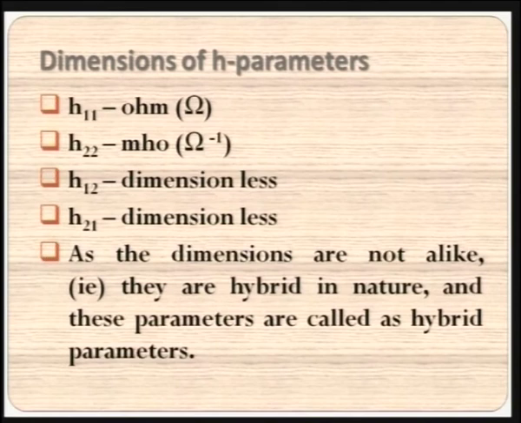As the dimensions are not alike, they are hybrid in nature, and these parameters are called hybrid parameters because of this mixed forms that we have. So, we have got an idea why the H parameters are called by the name hybrid parameter because of the different forms appearing.